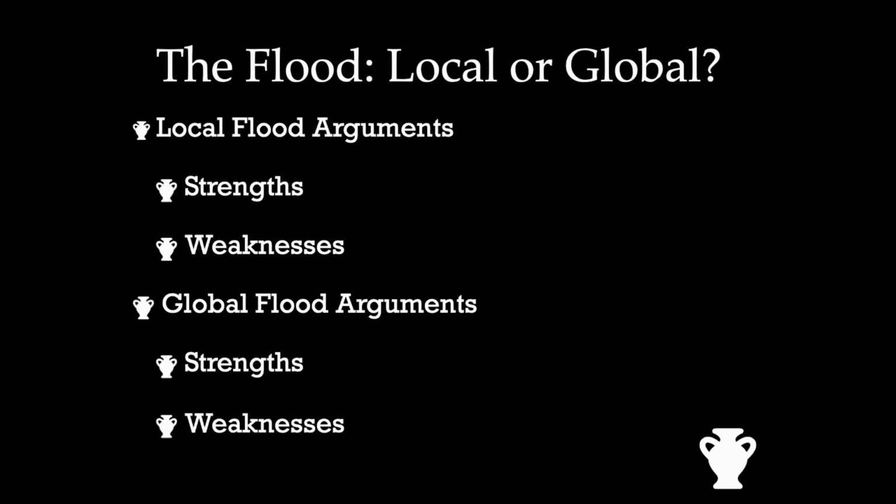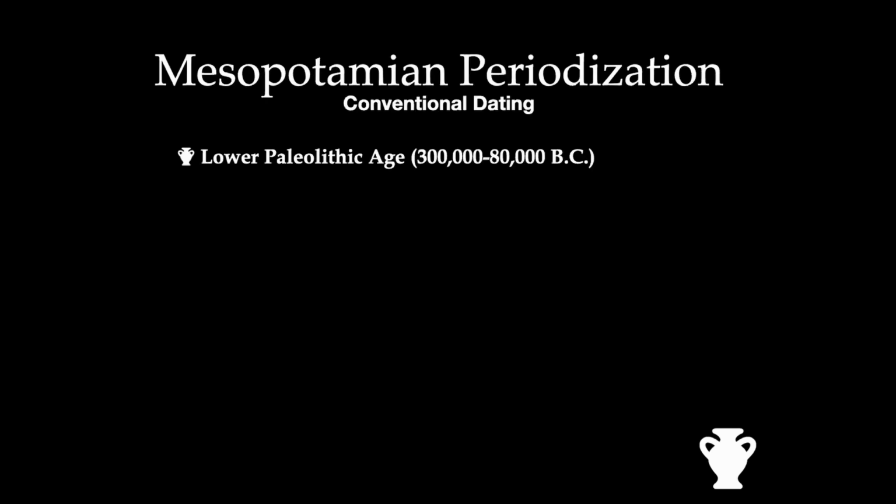An anomaly would be evidence or data that doesn't really fit into the model. So both views have strengths and weaknesses. I just think that the global flood has the greater evidence behind it, in my view. Again, I'm not committed to it having to be 6,000 years old. It could be.